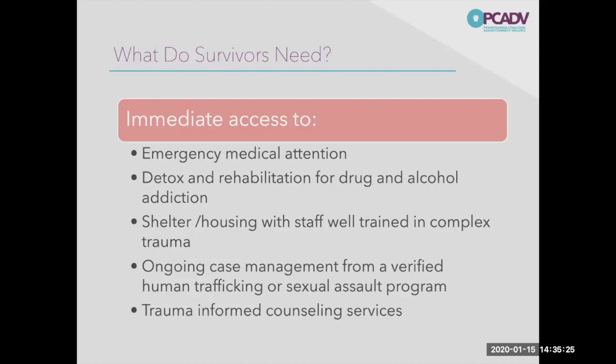In some cases, they may need detox and rehabilitation. That's something that if you're going to be engaging in direct service, and once again, this is something our domestic violence survivors oftentimes also need. If a trafficking survivor has just been recovered, it's important to have a good, warm referral relationship with the local detox and rehabilitation program so that you are able to get them connected to that service immediately.